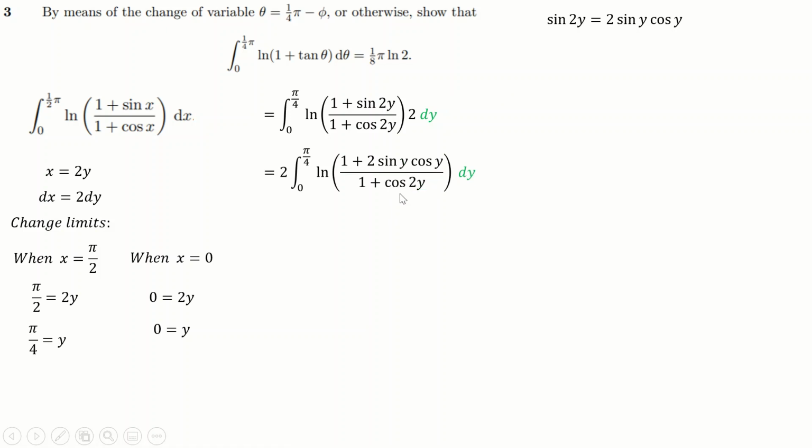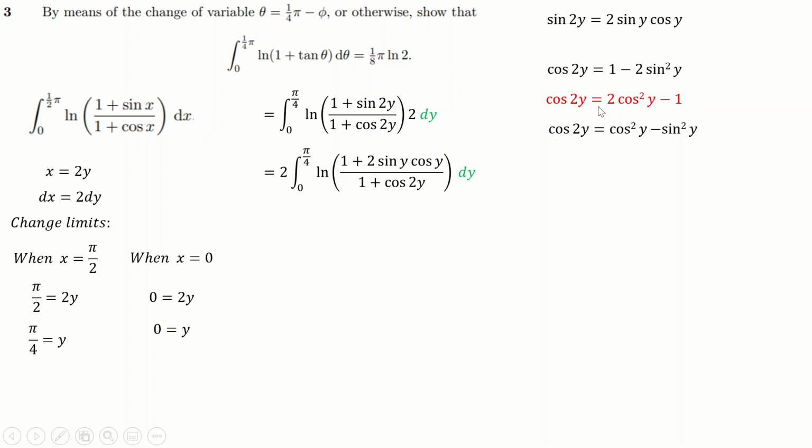Now, cos 2y is always harder to deal with because there are 3 identities for cos 2y, and they're all quite useful lots of the time. So I need to think, which one looks to me like the most useful right now?